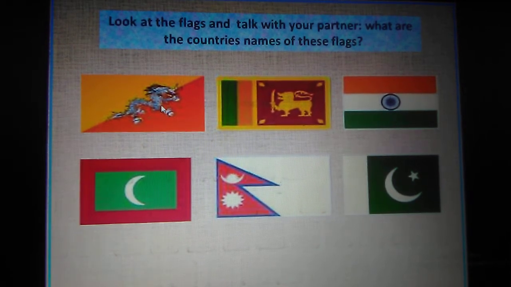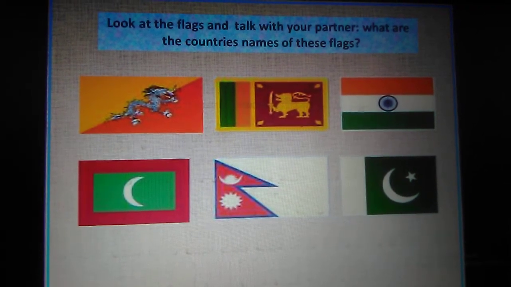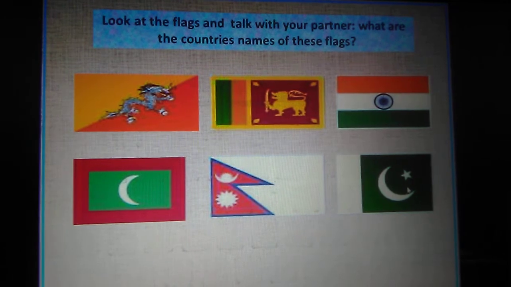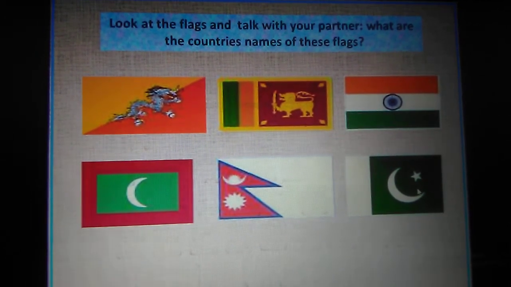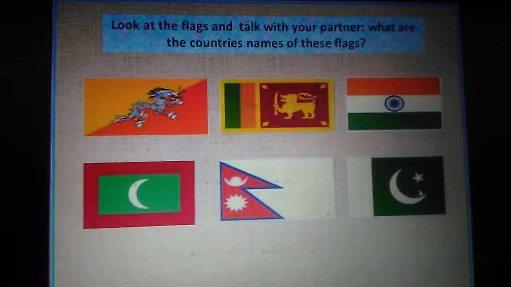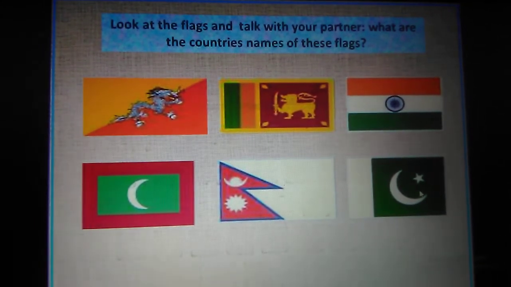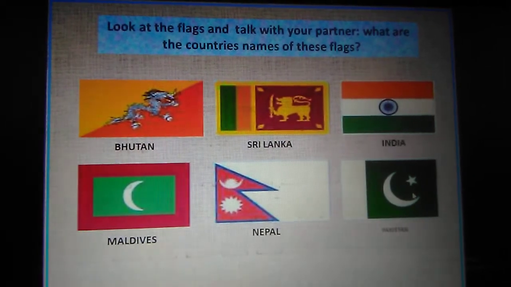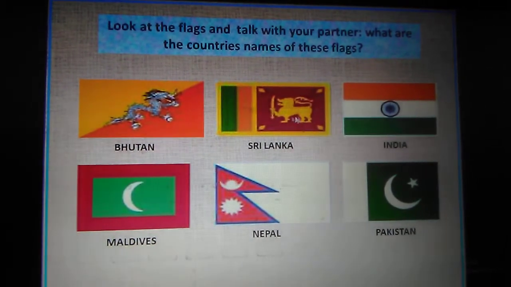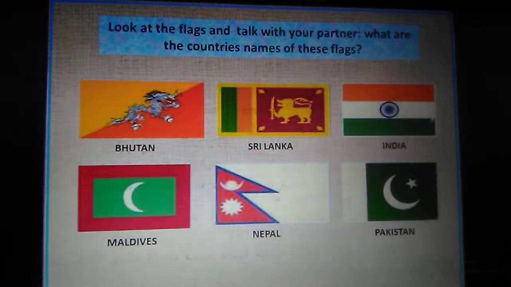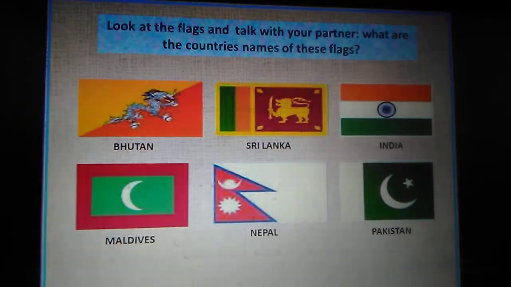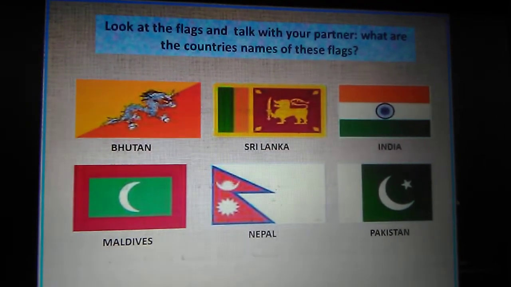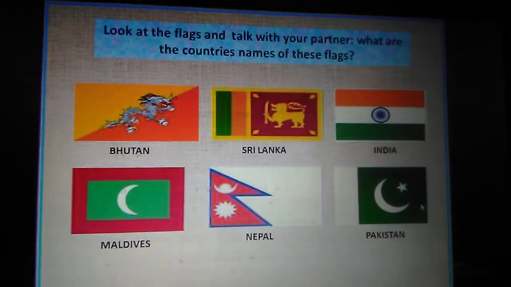Okay, this picture is very familiar. Try to match these flags with the countries. So this is the flag of Bhutan, this is the flag of Sri Lanka, this is the flag of India, this is the flag of Maldives, this is the flag of Nepal, and this is the flag of Pakistan.